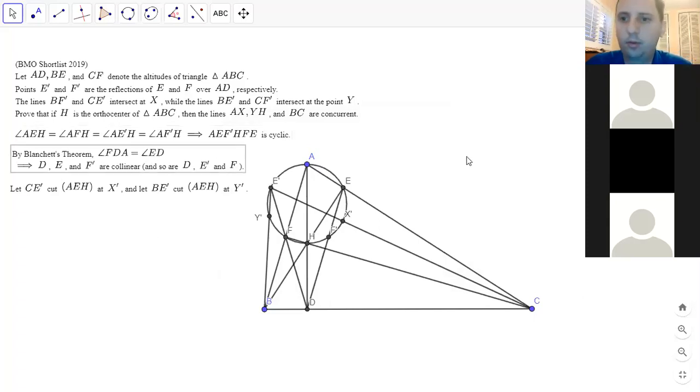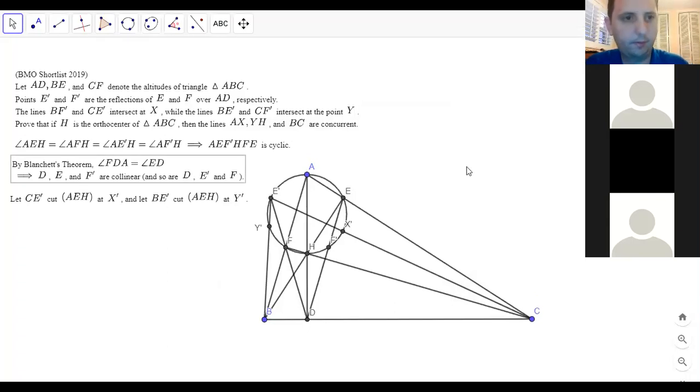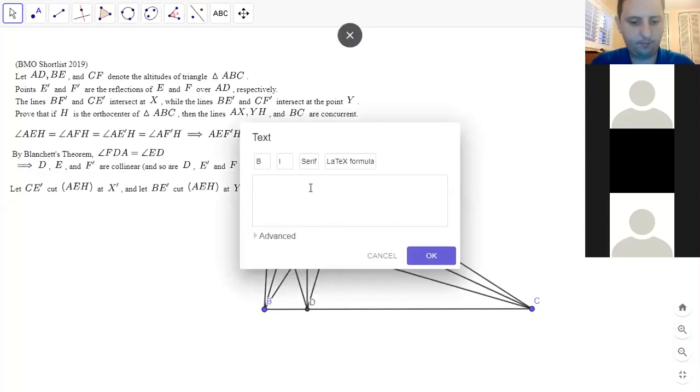Okay, so by Pascal's, X, F prime, and B are collinear. Let me actually think about that for a sec.